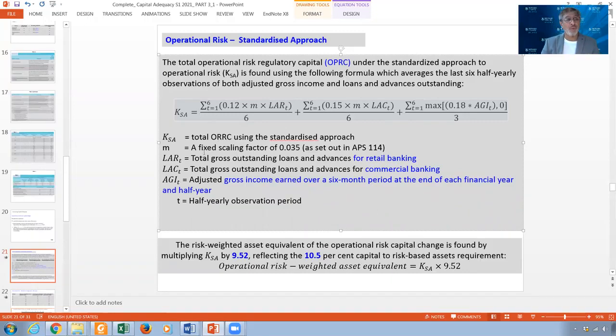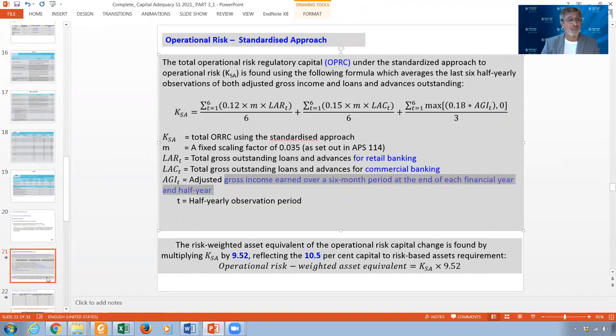So I have to take all the risks for retail banking, or the total gross outstanding loans for retail banking, gross outstanding loans for commercial banking, which is very easy to do. This is for the businesses. This is for the retail banking, which is personal lending. And this is the gross income from any other sources, okay?